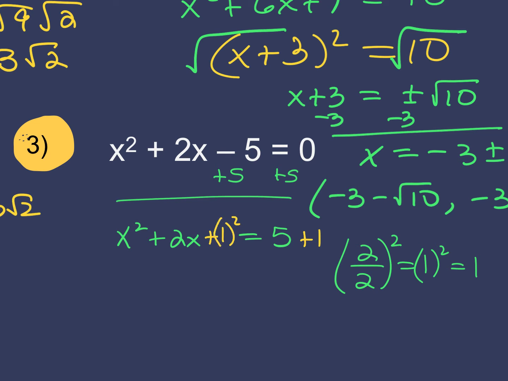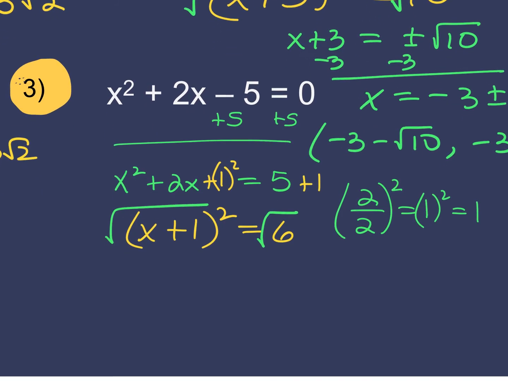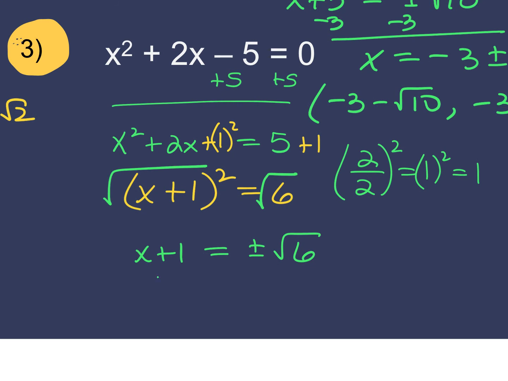So then really what you're doing when you factor this is just take that yellow and put it in as a binomial squared. Go ahead and add the 5 plus 1, and you get 6. I now apply the square root method. Square root the left, square root the right. x plus 1 comes out, plus or minus the square root of 6. 6 cannot be broken down any further, so just move the 1 over.